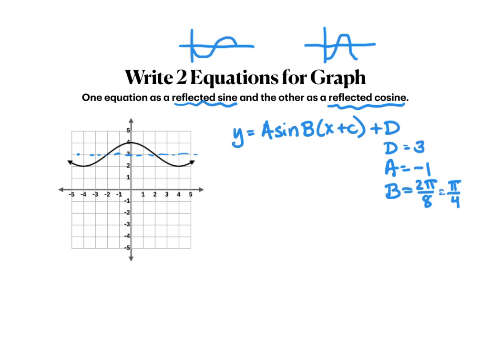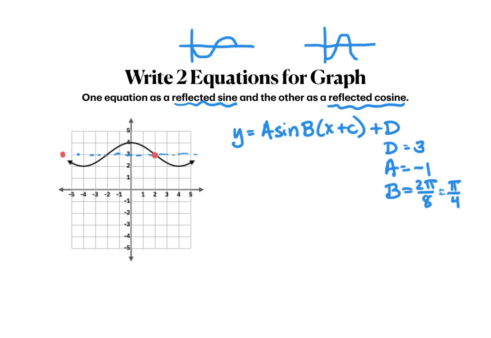The next thing I want to do is find my C values. Since I'm graphing sine, I'm looking for where my function crosses the x-axis and begins to go downwards. Looking at that, you can see that one of my options is there. It's actually the only place that shows up on the graph. It'll also be here.